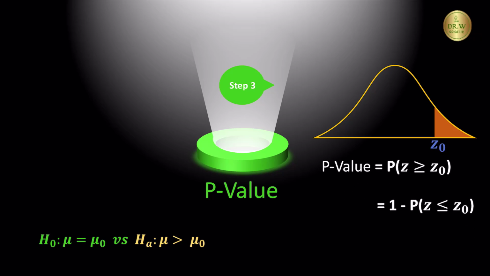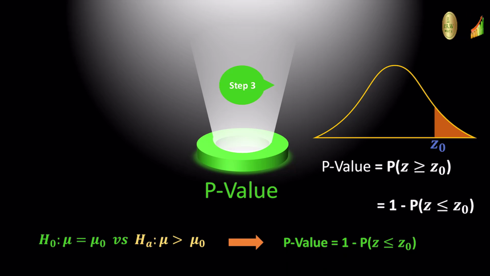So the p-value is probability z greater than or equal to z naught. Because of the z table we use, we have to write this down as 1 minus probability z less than or equal to z naught. Then we can find the p-value for the right tail test. 1 minus probability z less than or equal to z naught.